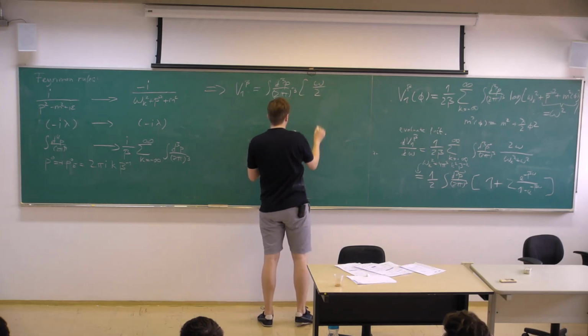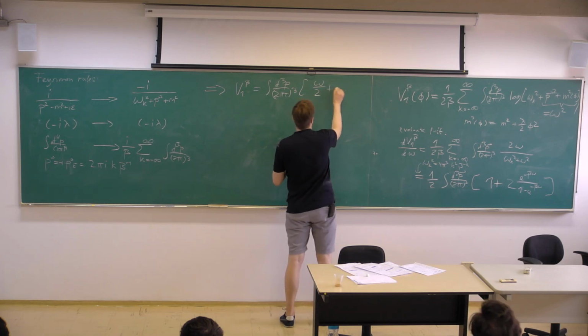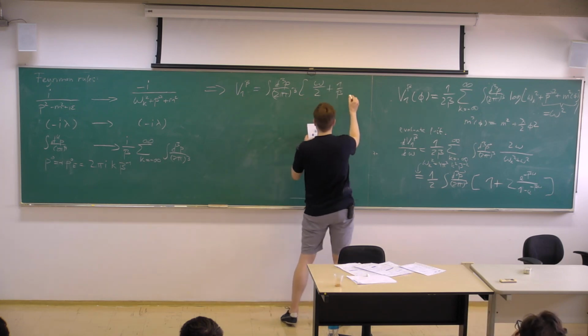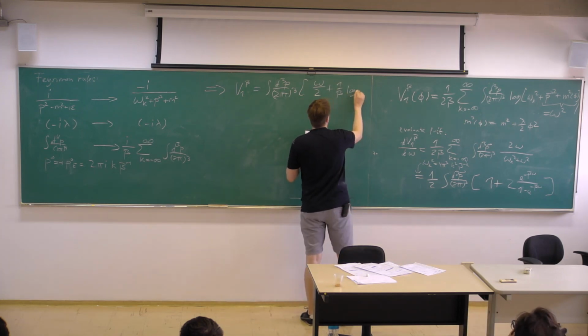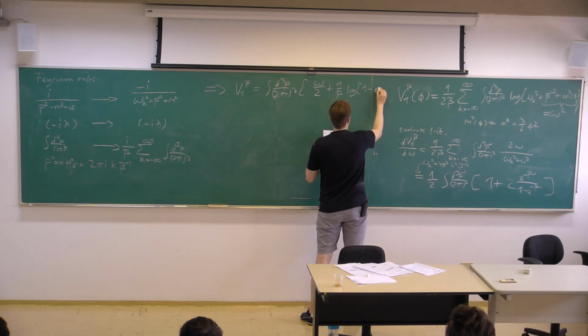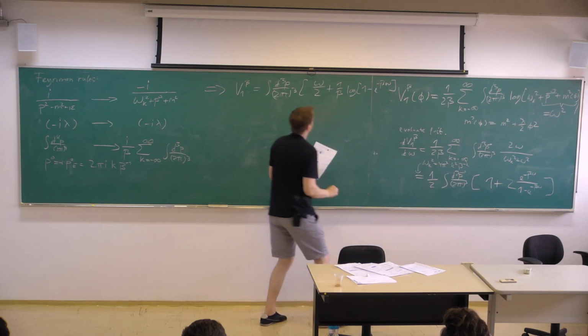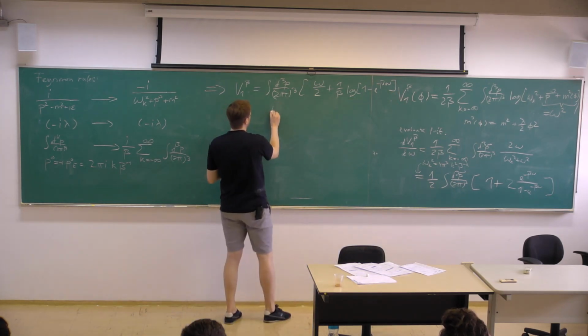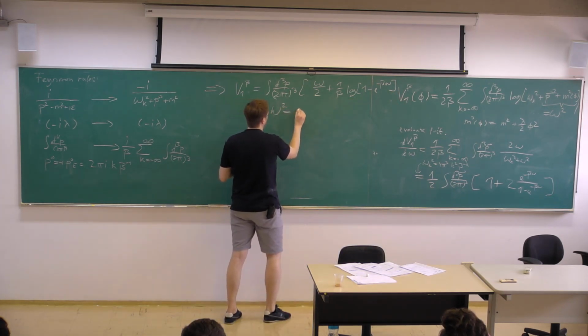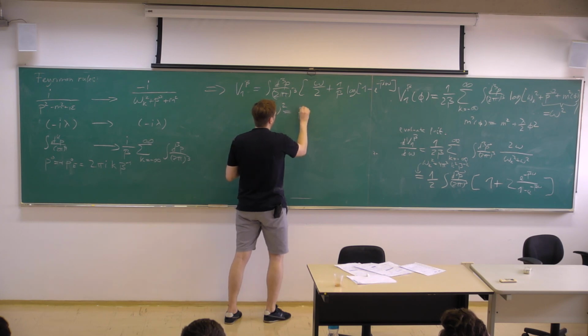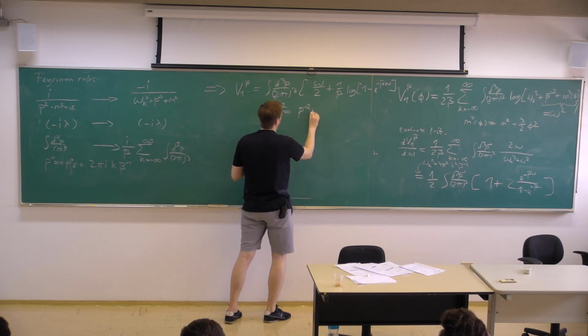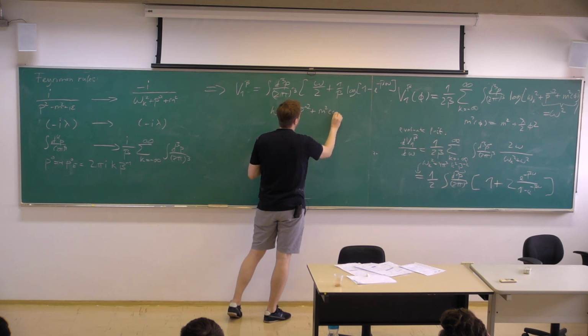I get omega over 2 plus 1 over beta, and then the log of 1 minus e to the minus beta omega. And just to remind you again, omega squared was the 3D momentum squared that we still have to integrate over, plus the field-dependent mass.